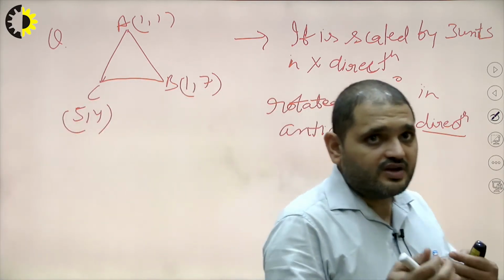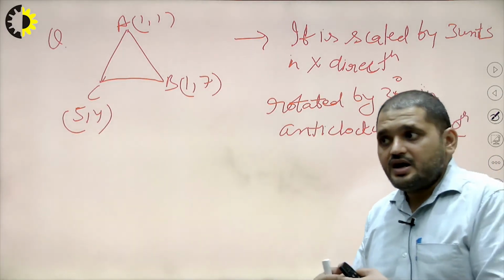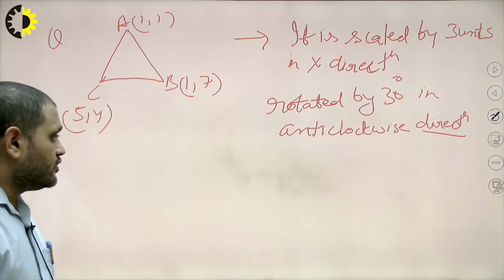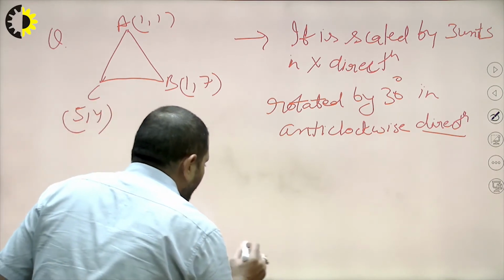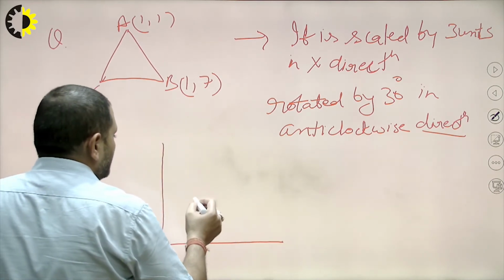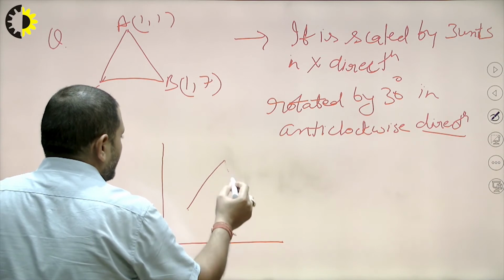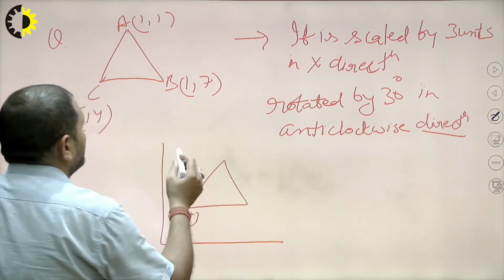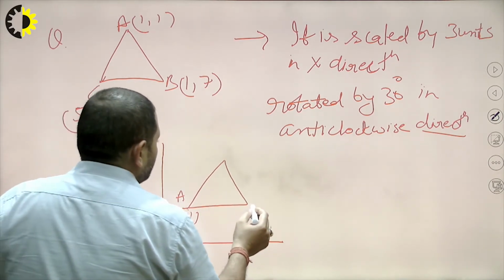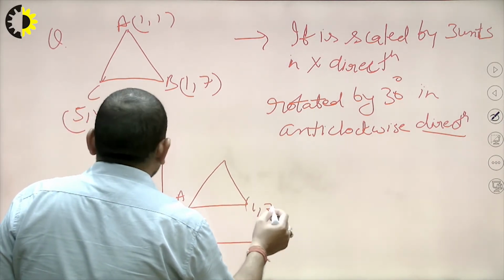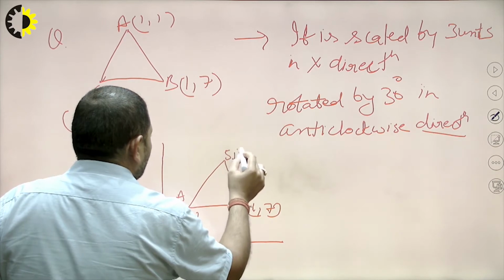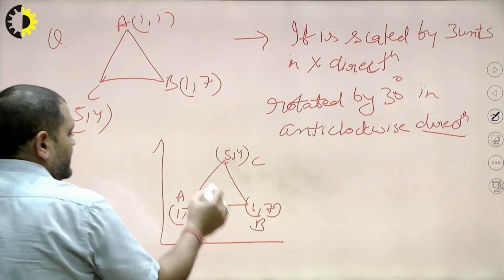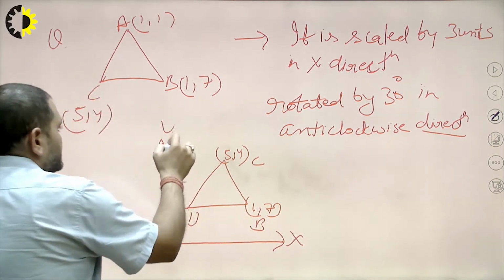Let's say this is the triangle: A is 1, 1, B is 1, 7 and C is 5, 4. So on XY we can say this is the triangle.